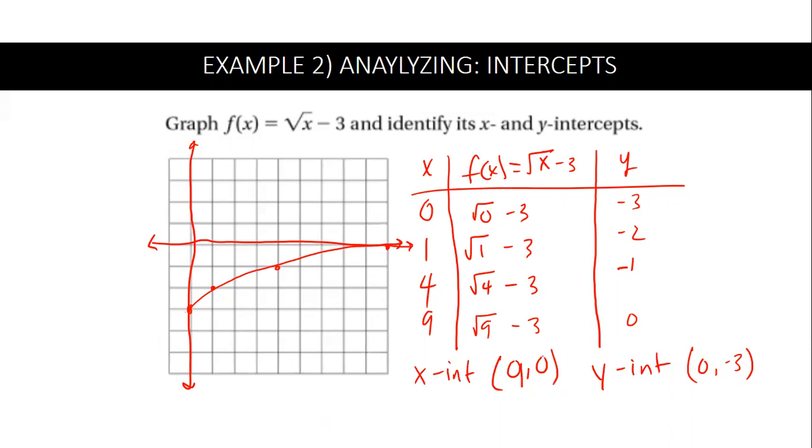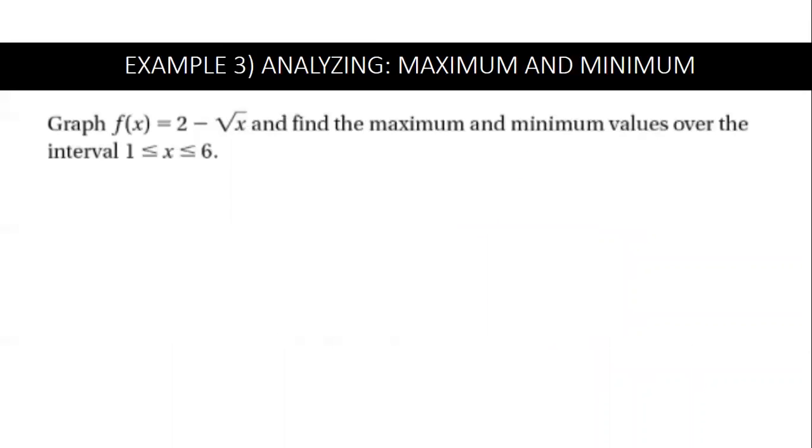Doable? All right. Now we're going to analyze the maximum and minimum. So when you're analyzing the maximum and minimum on an interval, which we've done before, you are actually just looking at where it's going and how it's shaped.